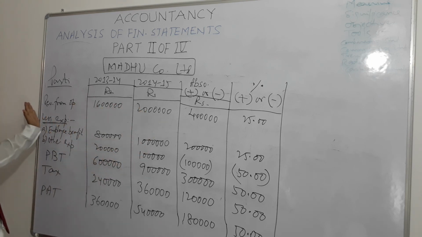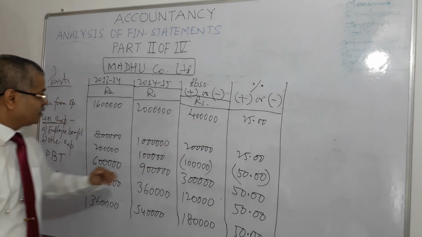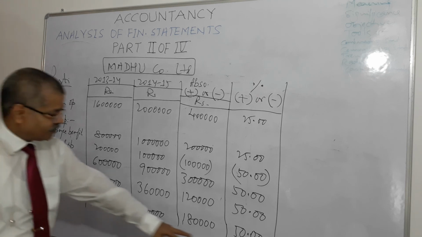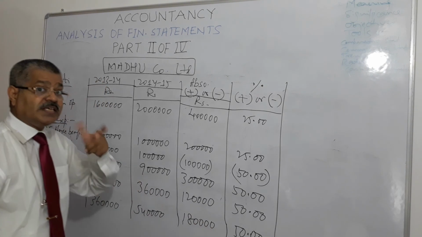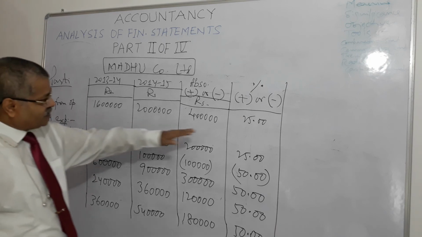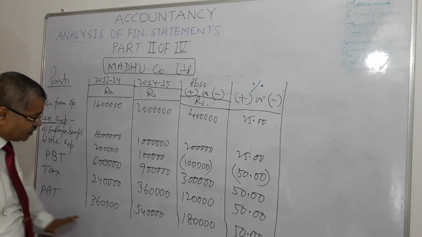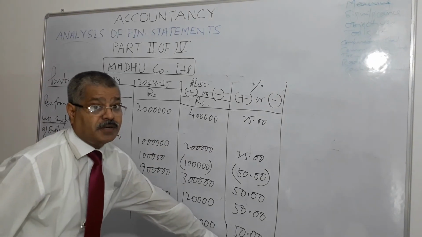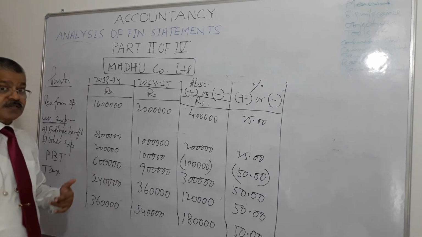So here you will find revenue from operations has gone up by 25%, but profit after tax has gone up by 50%. You need to see it thoroughly.